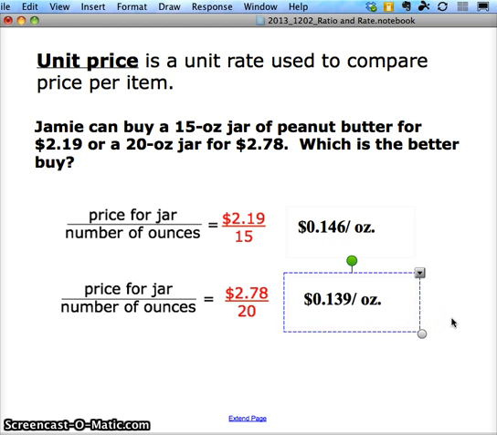And this one's rounding to about 14. So the better buy is our 20-ounce jar, because although it costs more in the beginning, we pay less per ounce. If you go to the grocery store, you'll notice usually on the left-hand side of the price, it'll tell you the unit price. And that's a better way to compare prices at the grocery store.